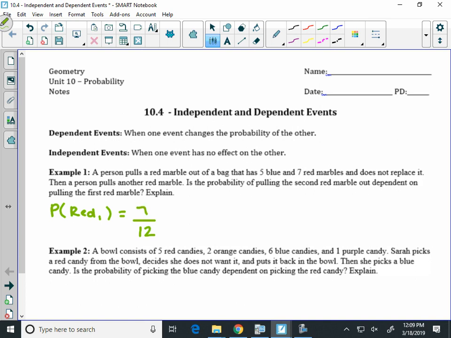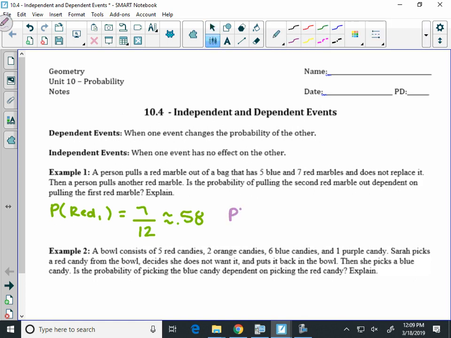That is what as a decimal? What's 7 divided by 12? Use our calculators or phones. What do we get? So about a 58% chance of getting a red.